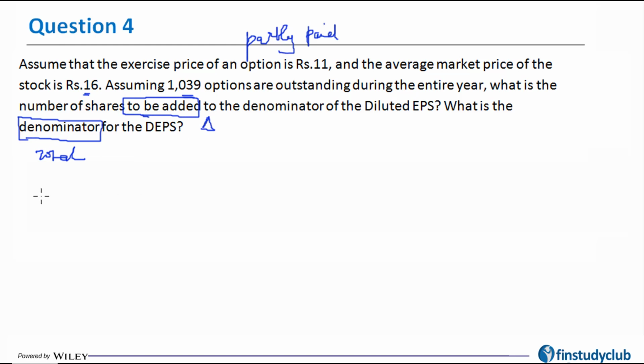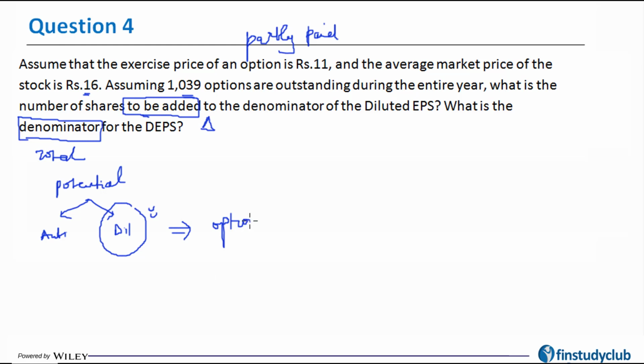So this concept relates back to the concept of potential security, where the security is not in the form of equity in the current year but can become equity tomorrow without paying any consideration. So potential security could be dilutive or it could be anti-dilutive. For the purpose of calculation of diluted EPS, I am concerned with the dilutive potential security.